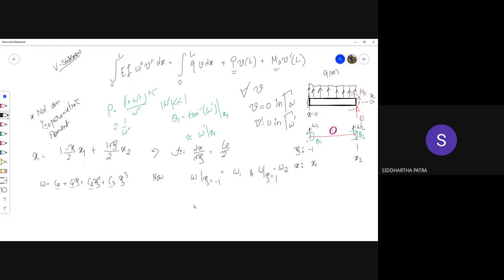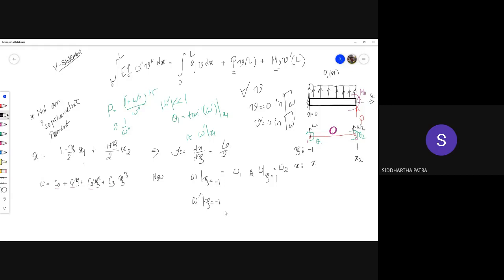Okay. Now, this is very straightforward. What is not is this quantity, W prime at xi equals -1.